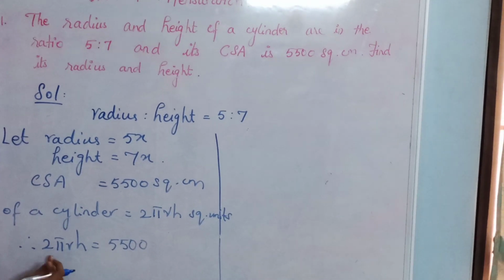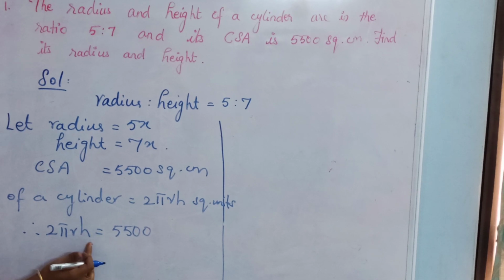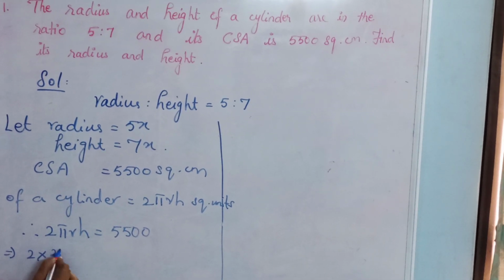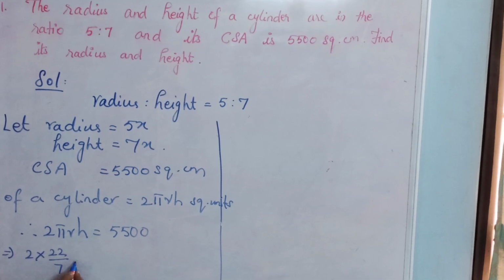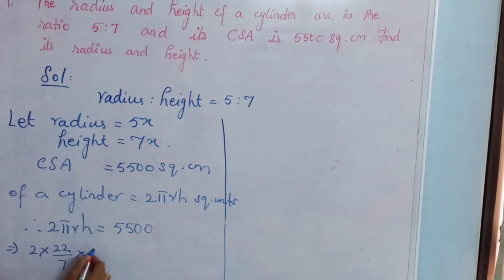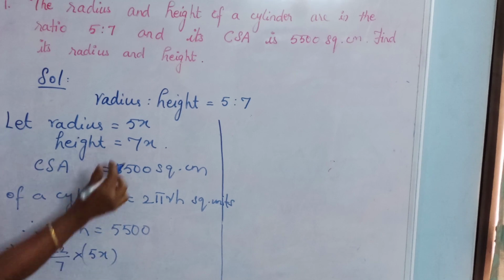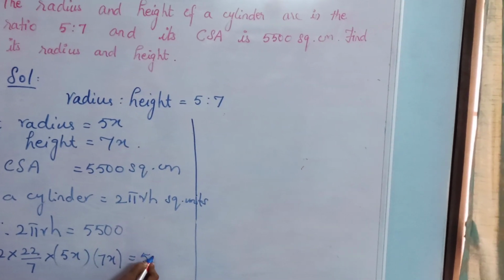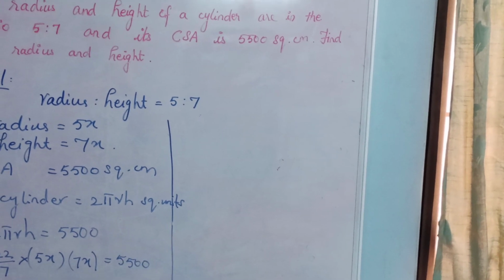Therefore now let us substitute the value for radius and height. So which implies 2 into value of pi is 22/7 into radius is taken as 5x and height is 7x equal to 5500.